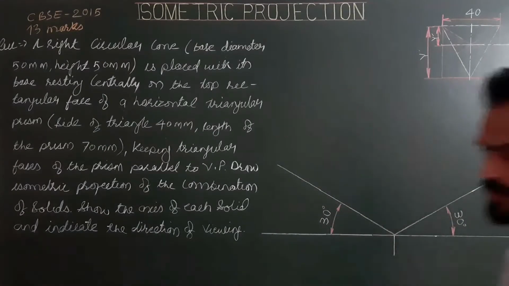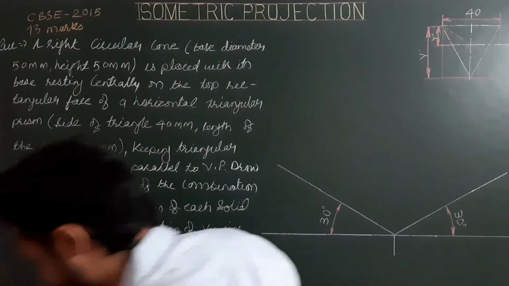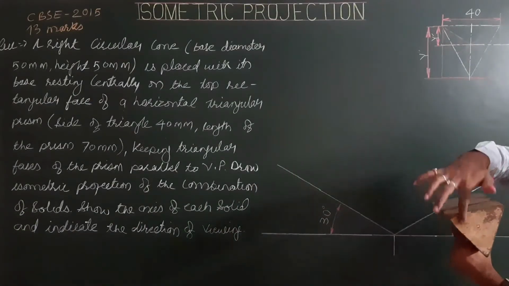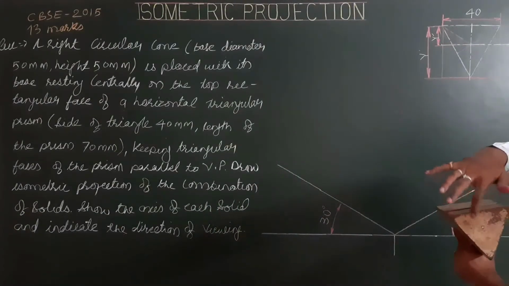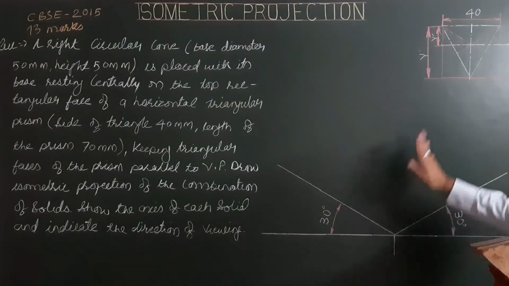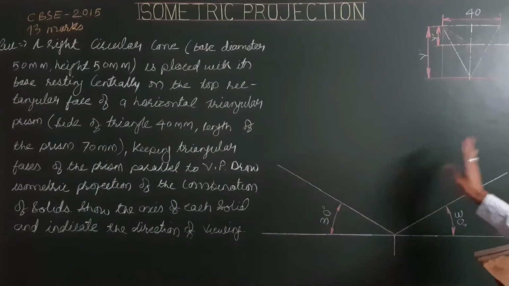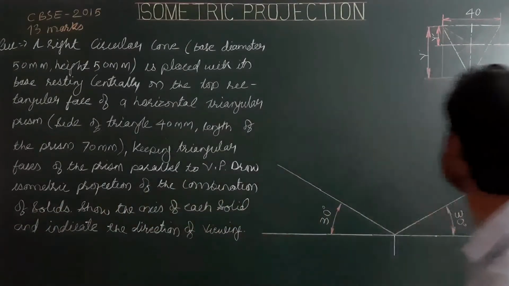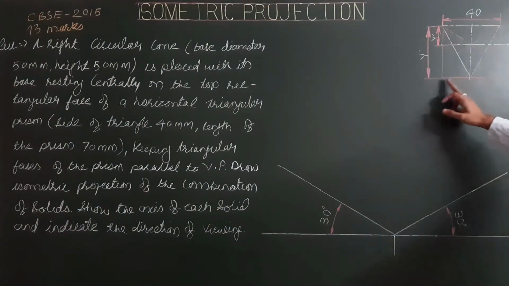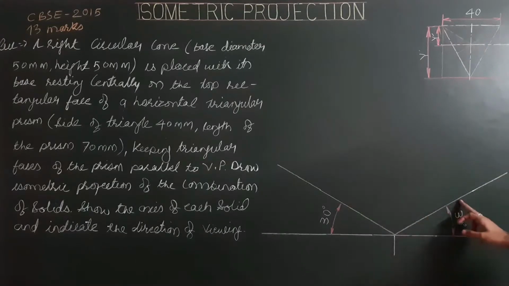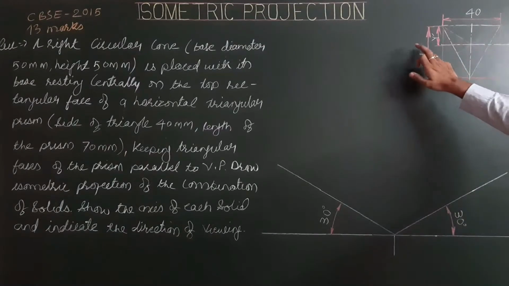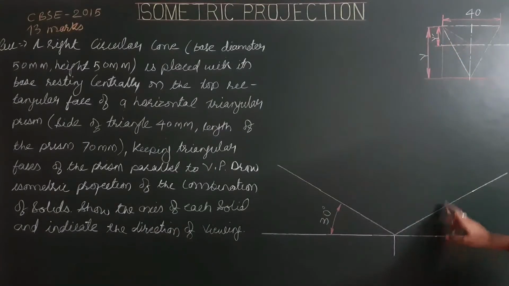Now the prism is resting on its generator like this. It means we have to project this triangular face along the vertical plane of isoset. So we have to mark this length 40 along the first iso axis, and y along the vertical axis. This one is y dash and y along the vertical axis.